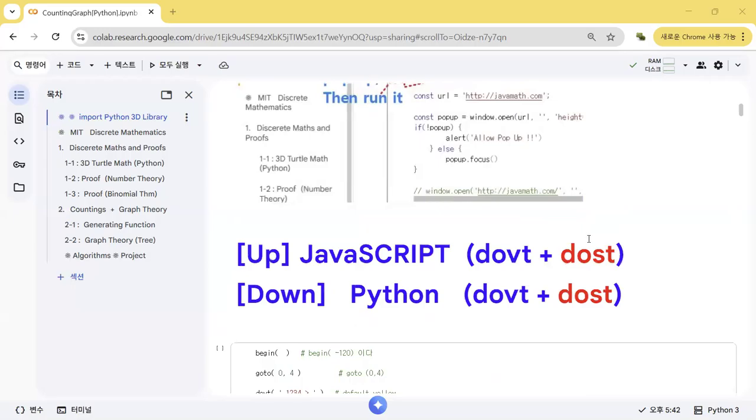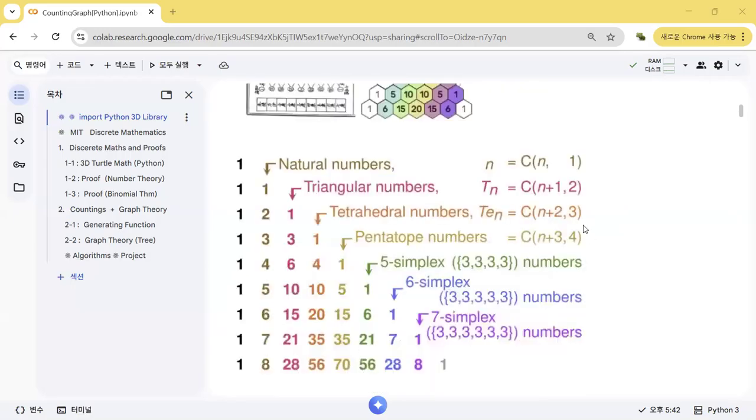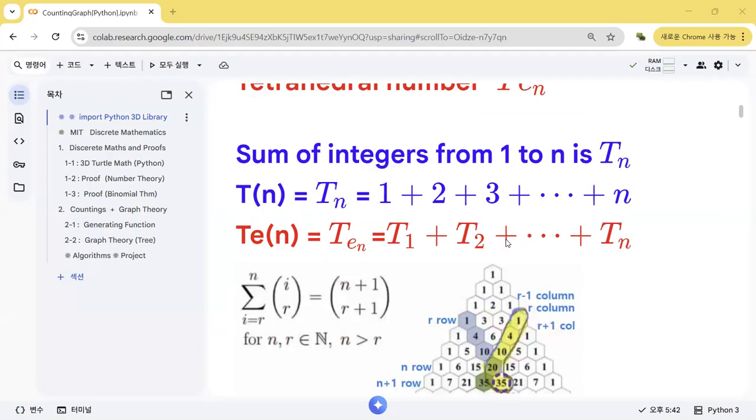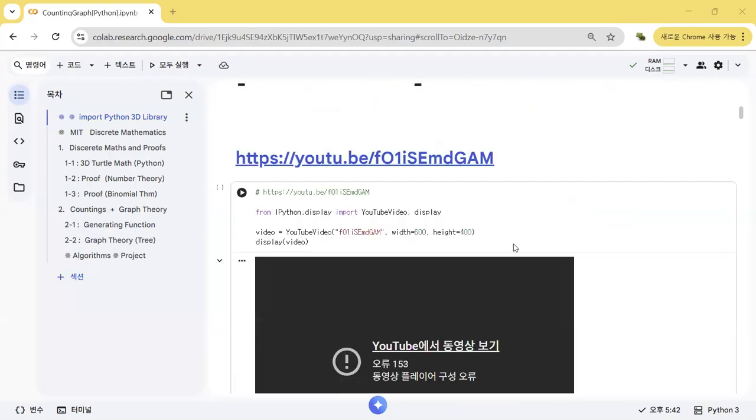In this case, we want to visualize the summation in terms of cube blocks. So this is Pascal's triangle.